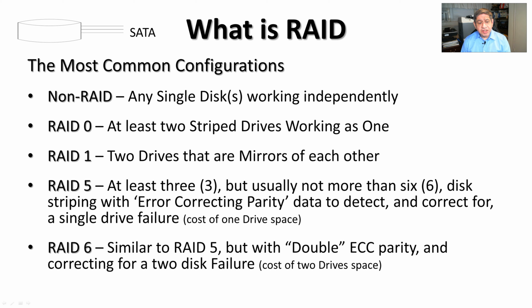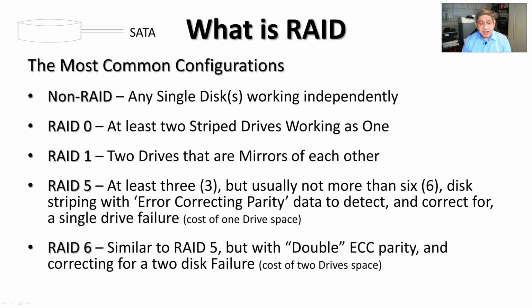What it does is it does striping, just like in RAID 0, but it also does error correcting parity on all the blocks. So it simulates sort of doing a drive 1, at least partially, and it uses a lot less space to do that than a RAID 1 would use. Disk space, that is. Now with RAID 5, in addition to that, it also allows one whole drive to drop out, and then it's able to correct for that with that parity.